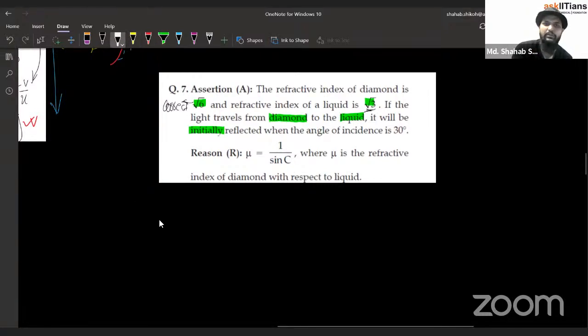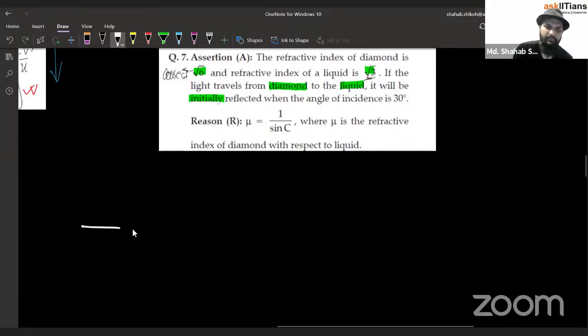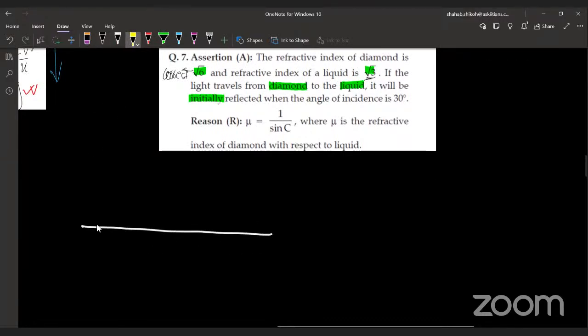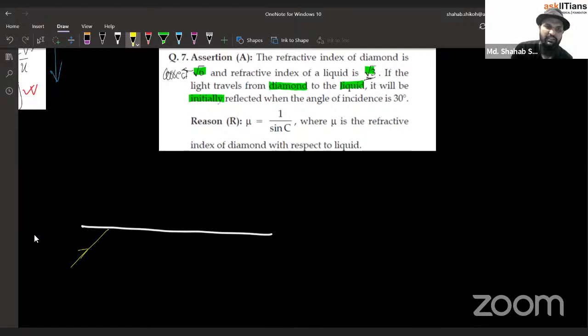Have you guys learned about total internal reflection? Yes, sir. What happens in the general case, if you have a denser medium and a rarer medium, and light hits at a very low angle of incidence? Some portion is reflected and some portion is refracted.